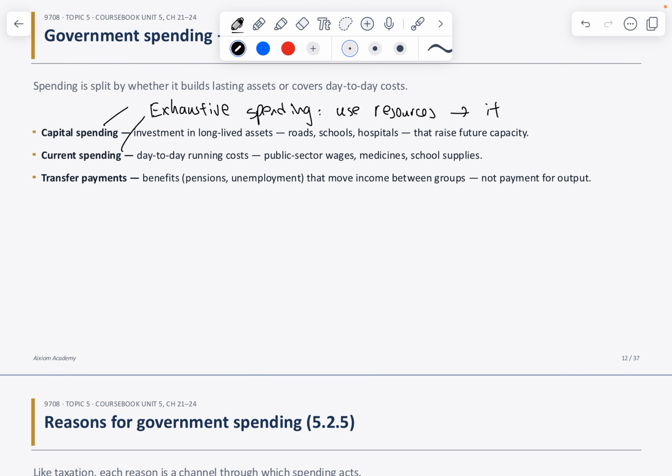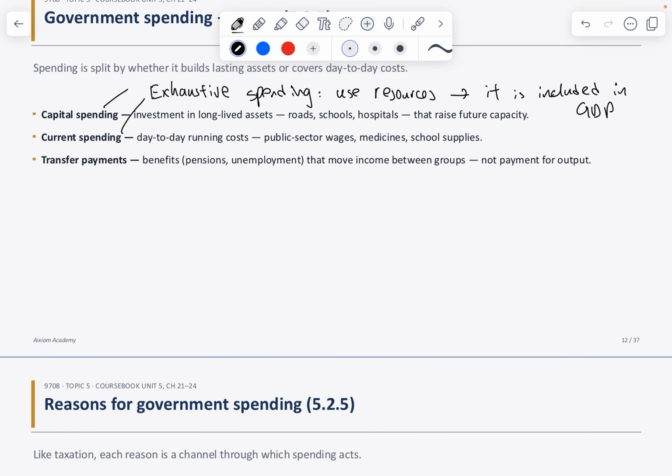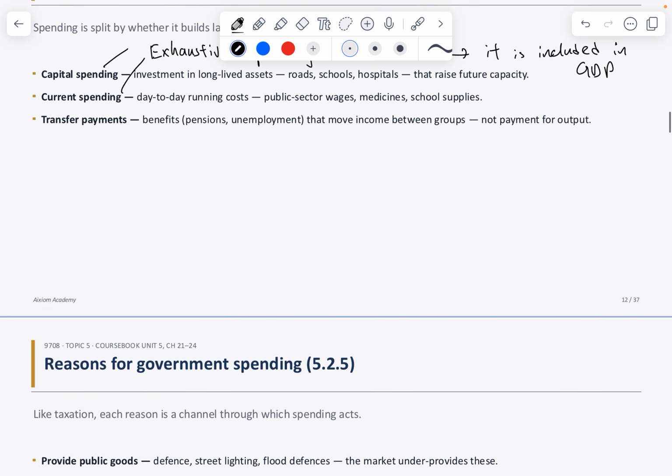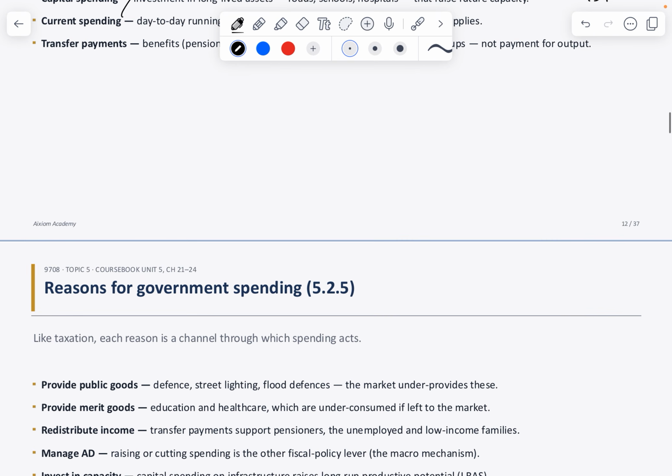Therefore, it is included in GDP. And transfer payments, which are just giving without any production or resources used, are not counted in GDP. Only after the people who receive the transfer payment consume other things is it included in the GDP.